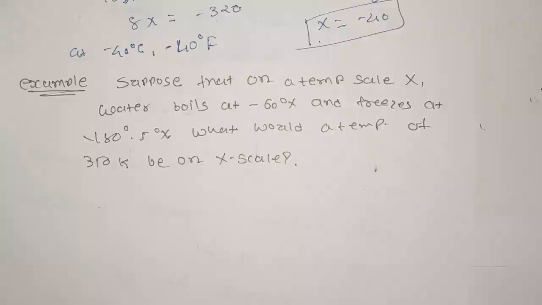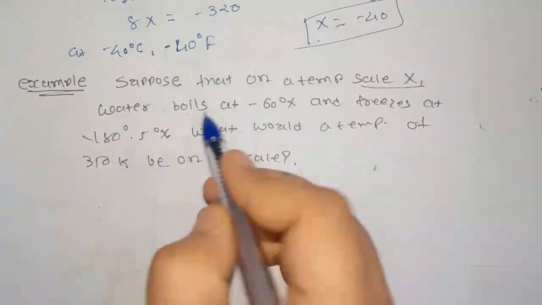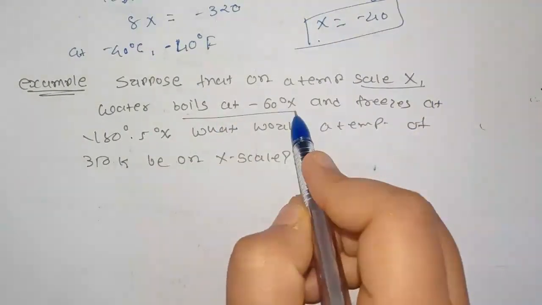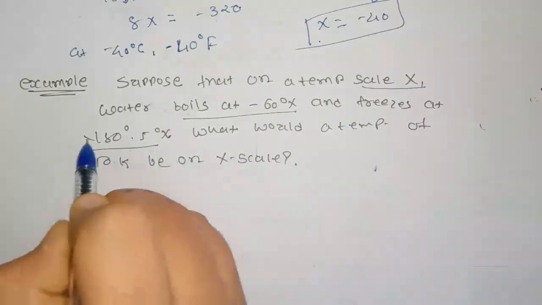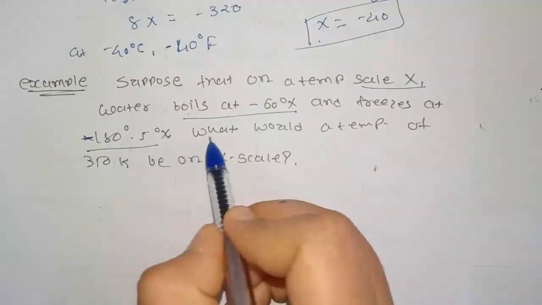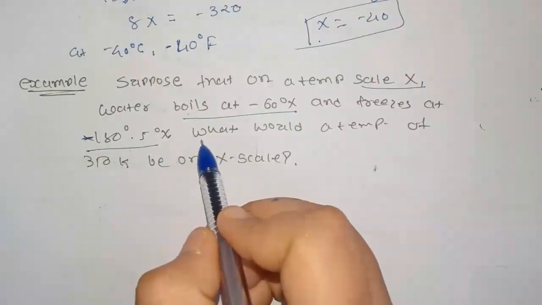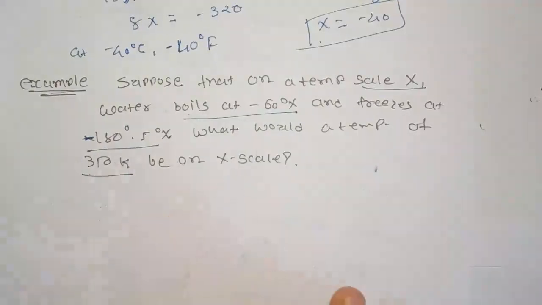In this example, suppose that on a temperature scale X, water boils at minus 60 degrees X and freezes at minus 180.5 degrees X. What would be the temperature of 350 Kelvin on that scale?